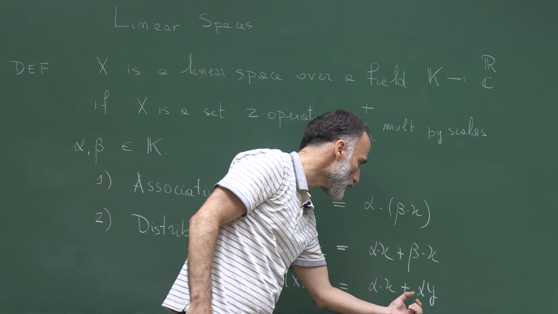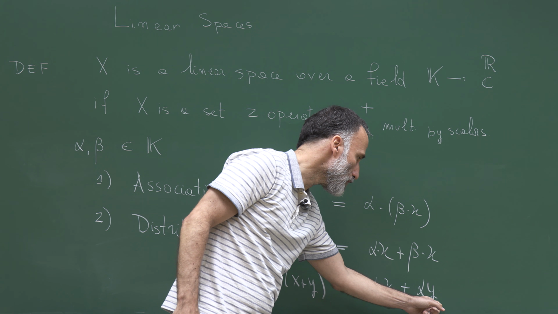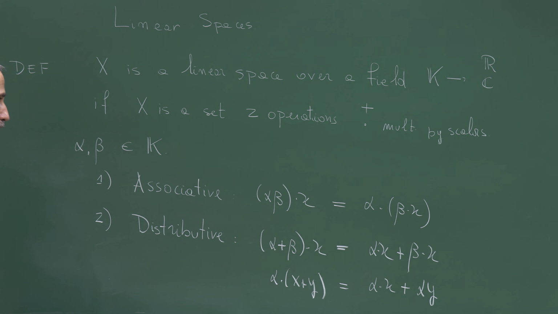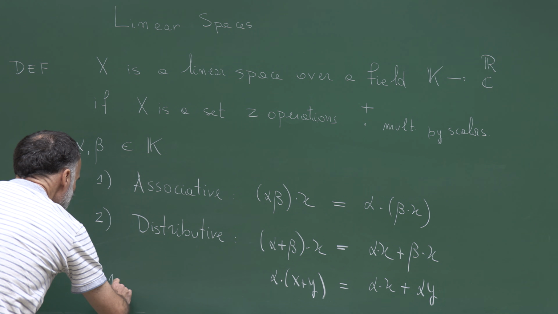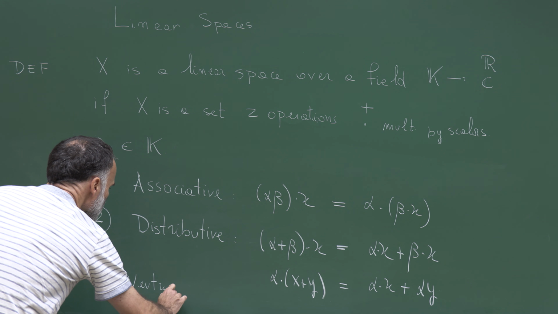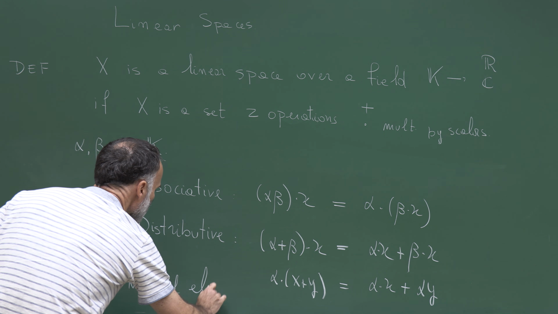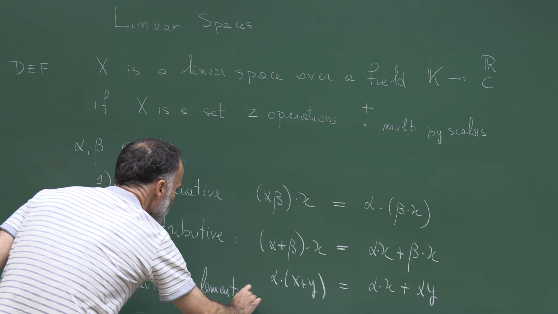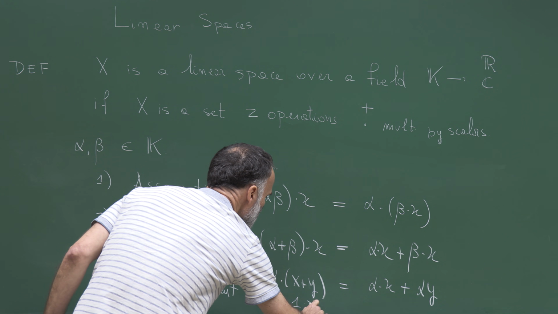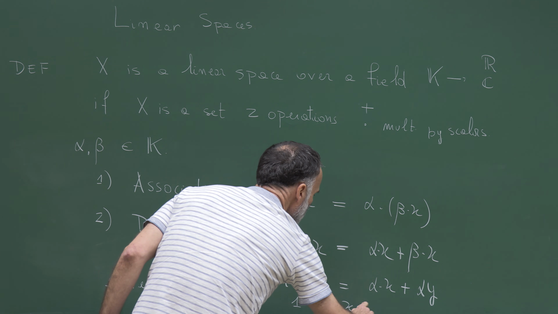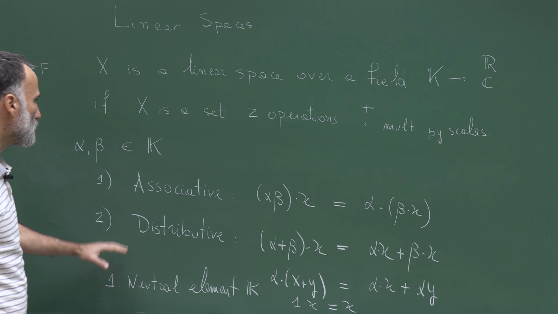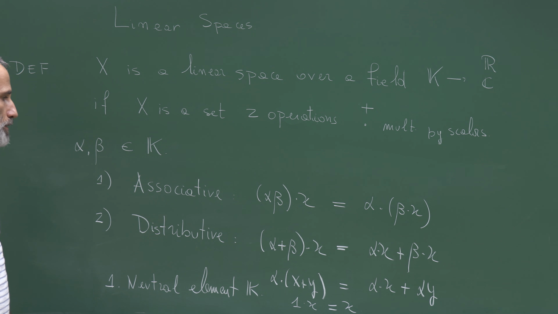I'm just representing the product of a scalar with an element of X just by writing both letters. And also, we will be representing by 1 the neutral element of the field K, which means that 1 times x will be x, for all x. So these are the properties of the multiplication by scalars.